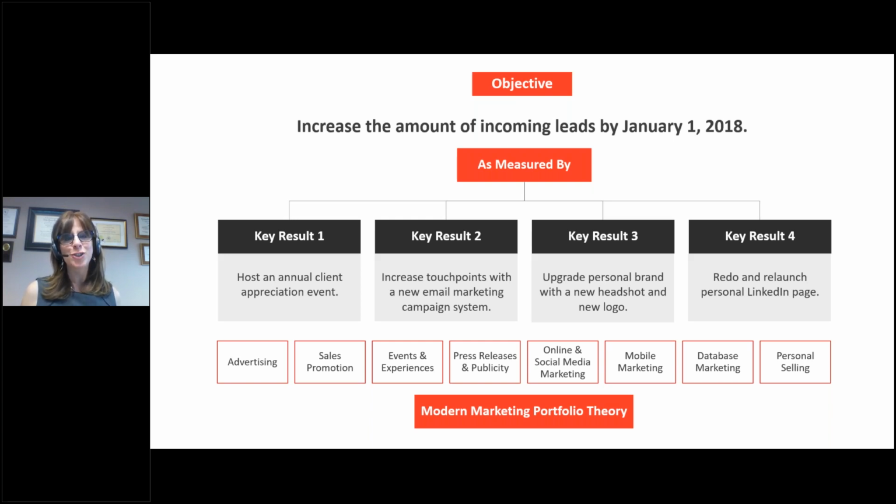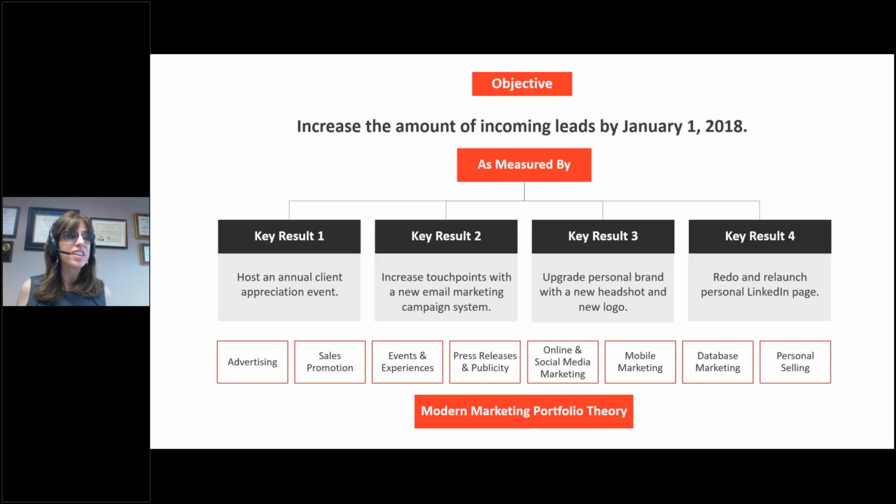There are certain channels for my advisory clients that I am completely bullish on, and LinkedIn is one of them. I hope you have the chance to see what this modern marketing portfolio theory looks like in motion. You've got an objective: what is it that we want to achieve? Key results: you can't do everything.